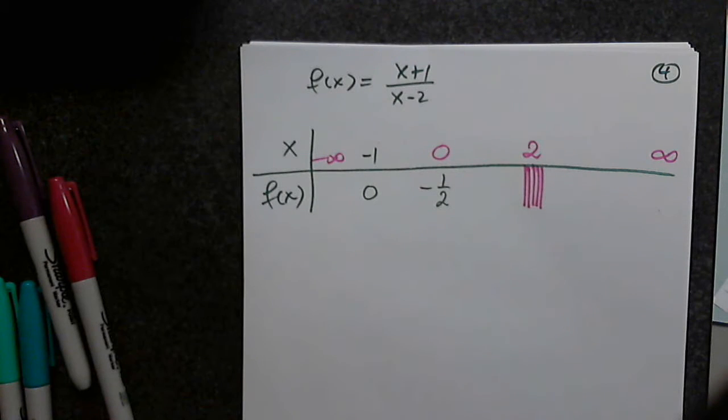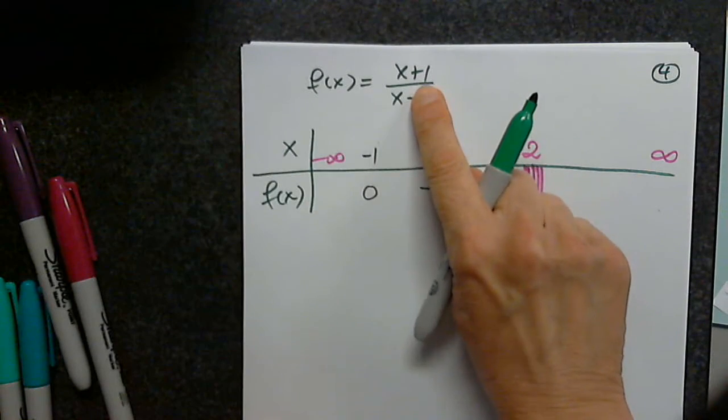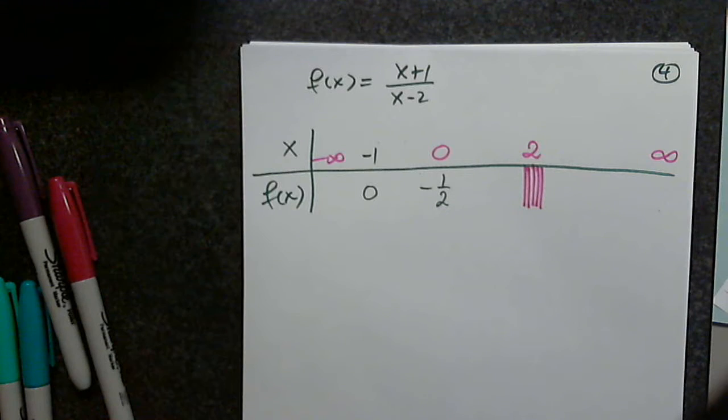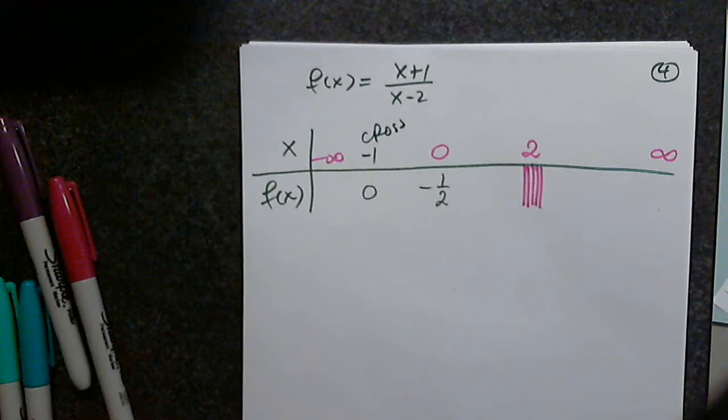What will the function do at -1? Multiplicity 1. X equals -1 once. Cross. Straight cross. Right? Multiplicity 1. Straight cross. The easiest possible.